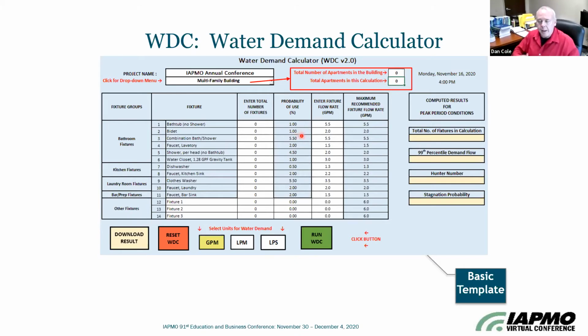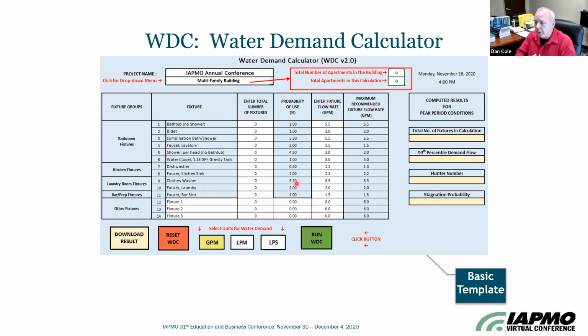Again, we ran a number of simulations, and we came to understand that as the number of apartments grows, the probability of each individual fixture being on at the same time actually diminishes. It does not stay the same. So this will actually become more accurate.